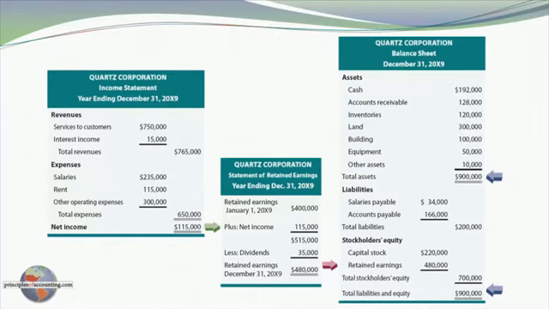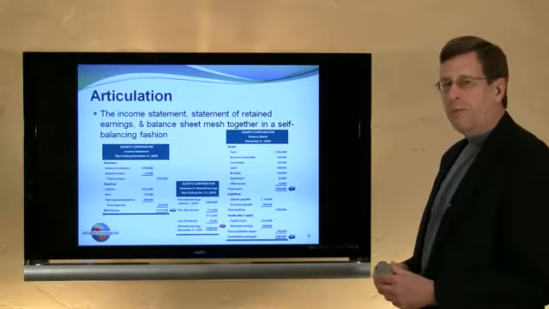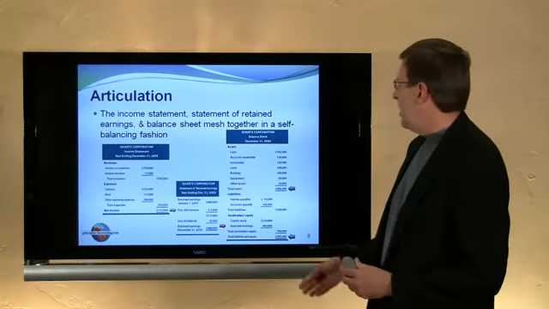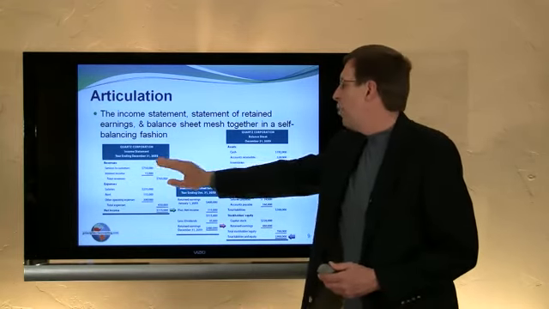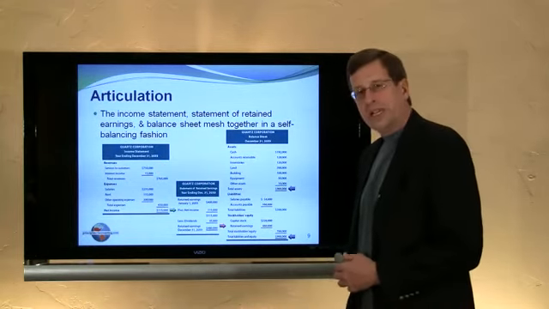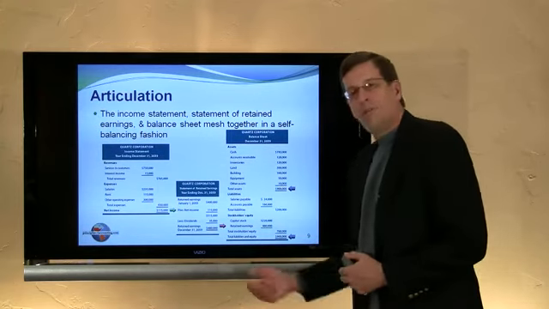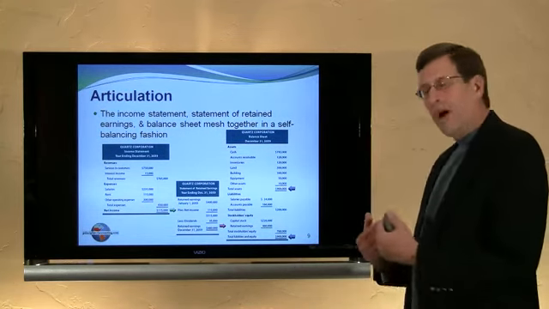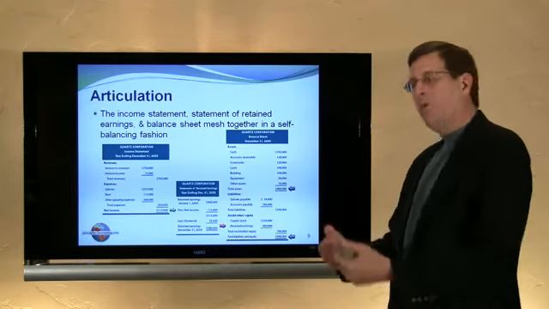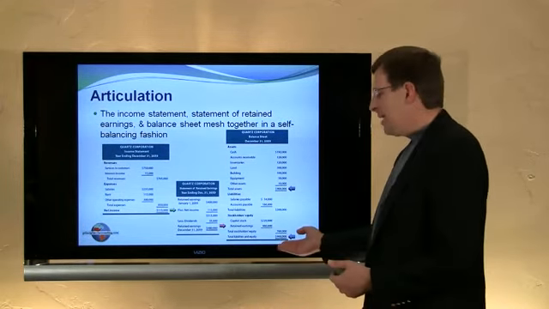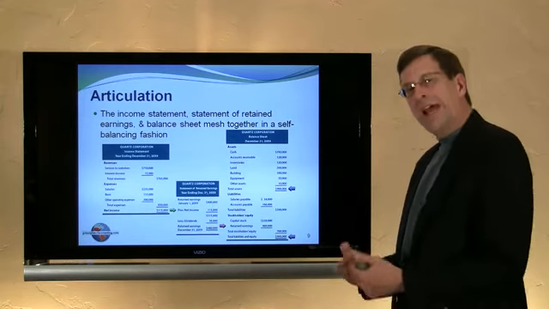It might be a mystery as to why that occurs, so let's think about adding one more transaction to this particular company. If we added one more dollar of revenue here, let's suppose services to customers were $750,001, and no additional expenses were incurred, then income would be $115,001, and ending retained earnings would be $480,001, and total liabilities and equity would be $900,001.